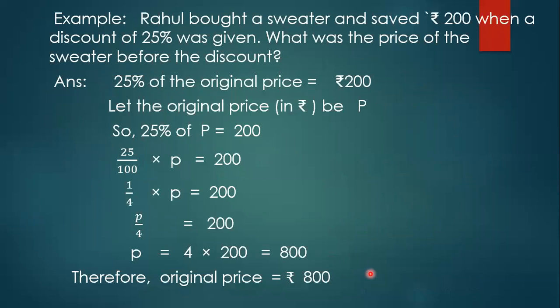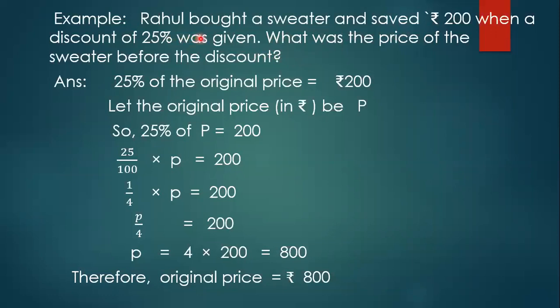Now, another question. Rahul bought a sweater and saved rupees 200 when a discount of 25% was given. What was the price of the sweater before the discount? See here, Rahul is buying a sweater and when he bought the sweater, he saved 200 rupees as the discount. And this discount is 25% of the original price.